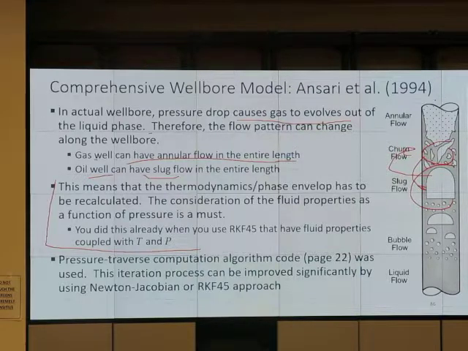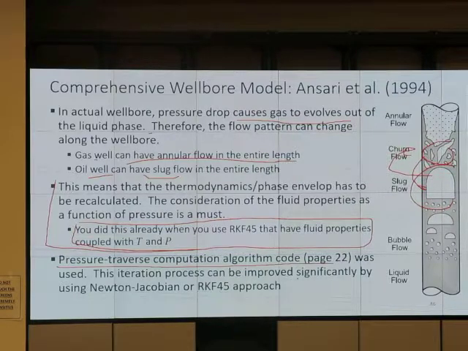Okay. You may use some kind of numerical method to solve it, or use an iterative approach. In the book, they have a pressure traverse computation algorithm that is iterative, but that is implicit Euler, first degree accuracy. Use Dormand-Prince, 5th degree, okay, or maybe 4th degree accuracy, or use the Runge-Kutta framework.